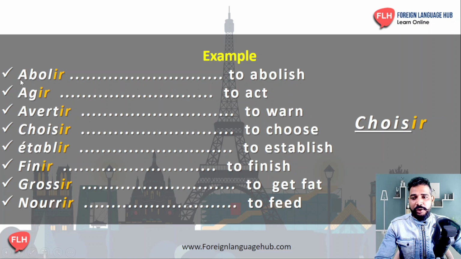These are the examples: abolir, to abolish; agir, to act; avertir, to warn; choisir, to choose; établir, to establish; finir, to finish; grossir, to get fat; nourrir, to feed. These are all IR ending verbs. You need to notice that if you drop the IR part, the rest is called the stem, and the stem is going to be common in all the regular verbs.